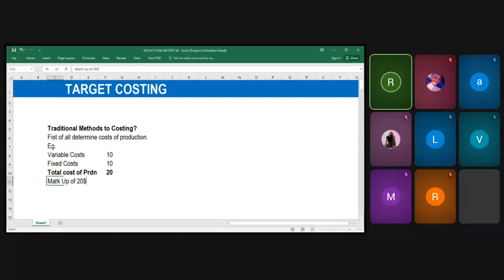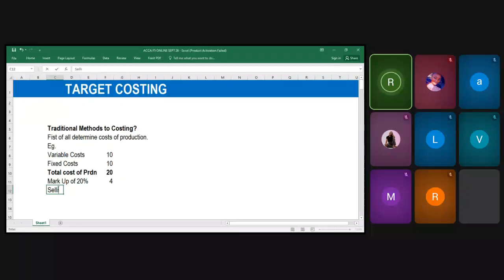Markup 20%. The markup is equal to 0.2 times our total cost of production. So we have a markup of $4. What does that mean? It means that we are going to sell our product at a price of 24.